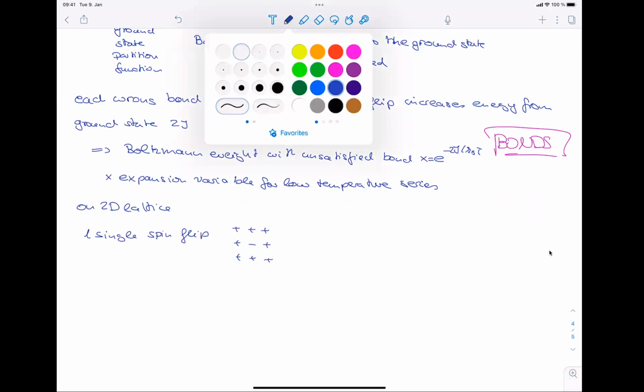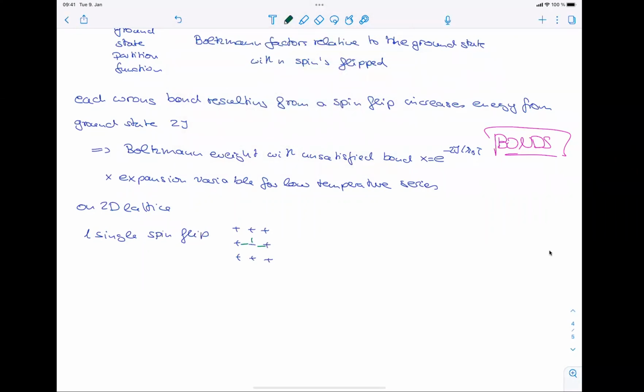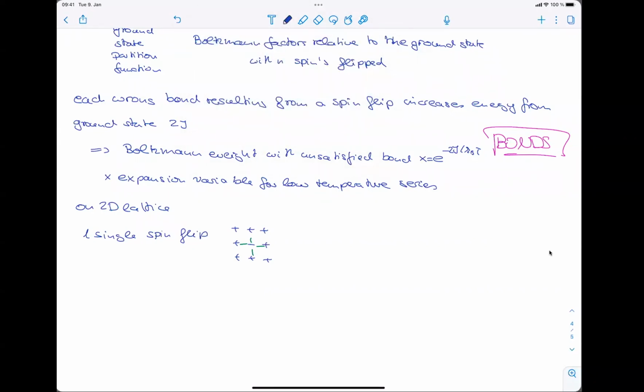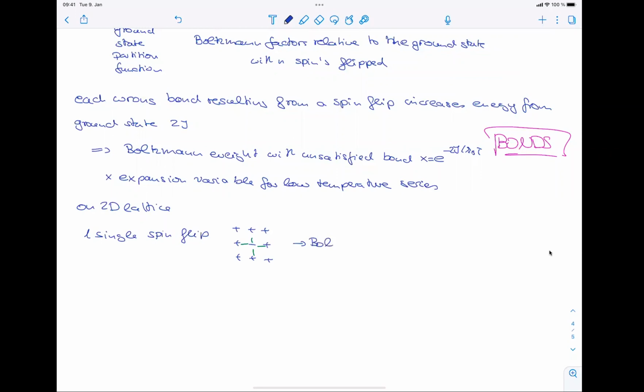So this affects 1, 2, 3, 4 bonds, right? So the Boltzmann weight is x to the power 4. And again, I need to enumerate how many different permutations I can have for flipping a single spin. Well, if I have n lattice sites, I can do it n times.